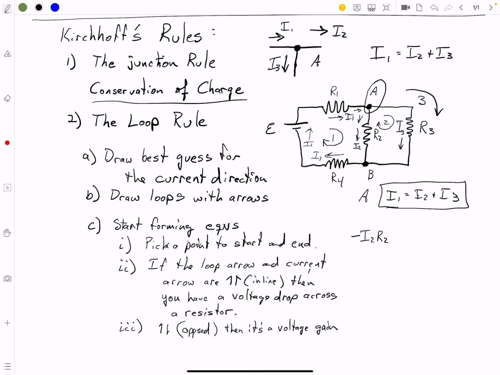So it's a voltage gain. Do we have a voltage drop across R4? No, we don't. So I and our loop are in the same direction.